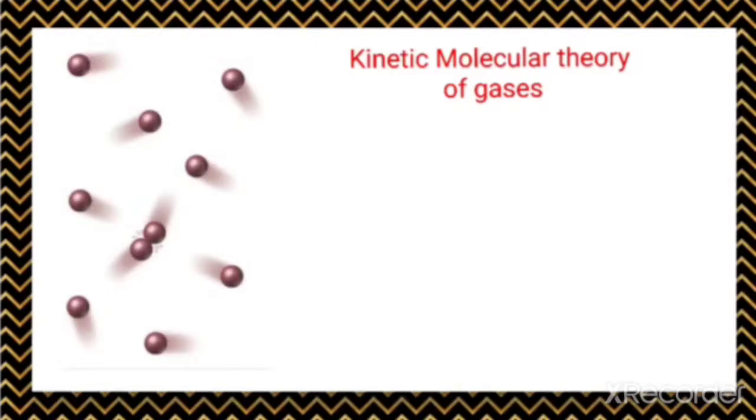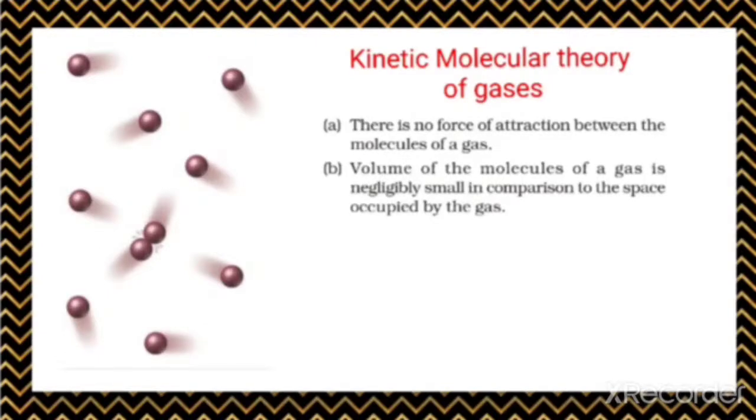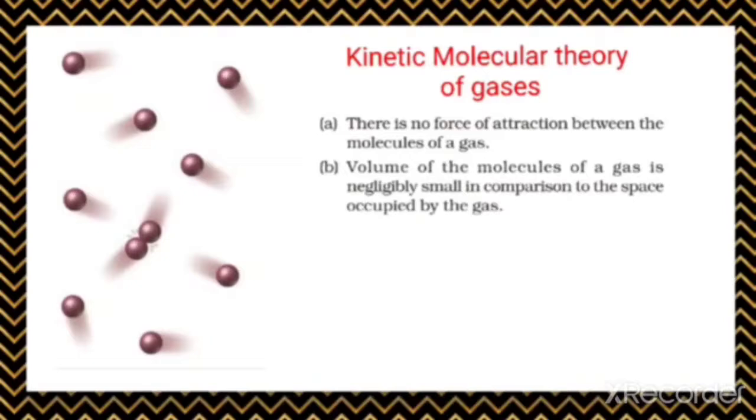These are: first, there is no force of attraction between the molecules of gases. Second, the volume of the molecules of a gas is negligibly small in comparison to the space occupied by the gas.